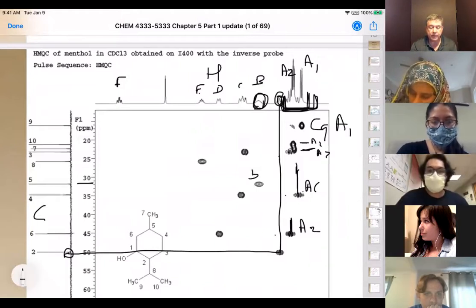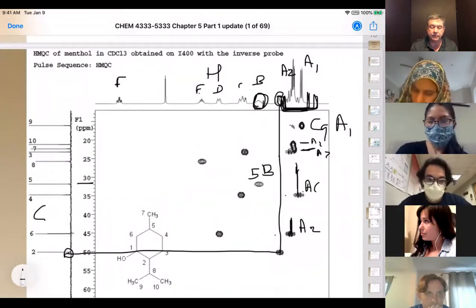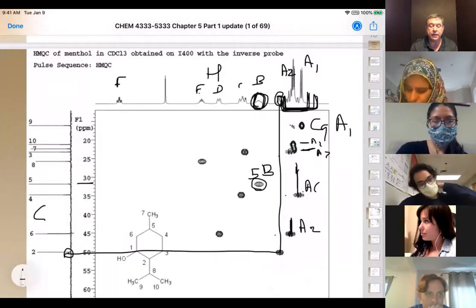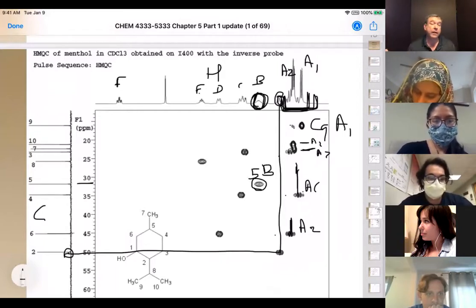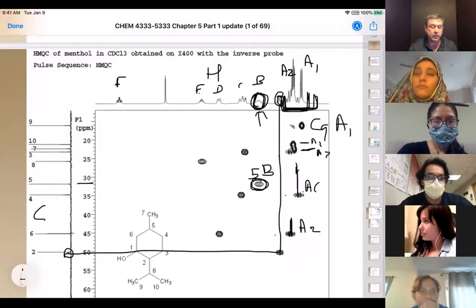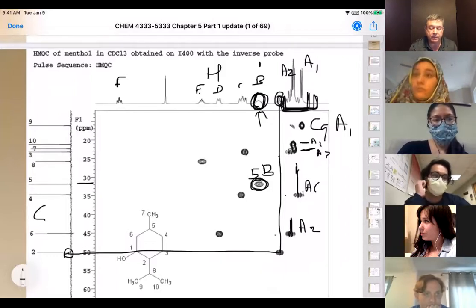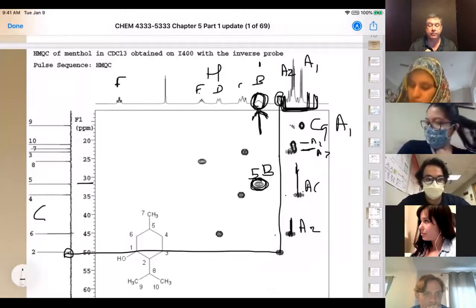So carbon number 5 with B is an exact identification that carbon 5 has these hydrogens on it. If you had an integration saying it was 1, 2, or 3 hydrogens, you would say these hydrogens are on carbon number 5. And in this case, it probably integrates to just 1 hydrogen. So this shifted hydrogen correlates to just carbon number 5.